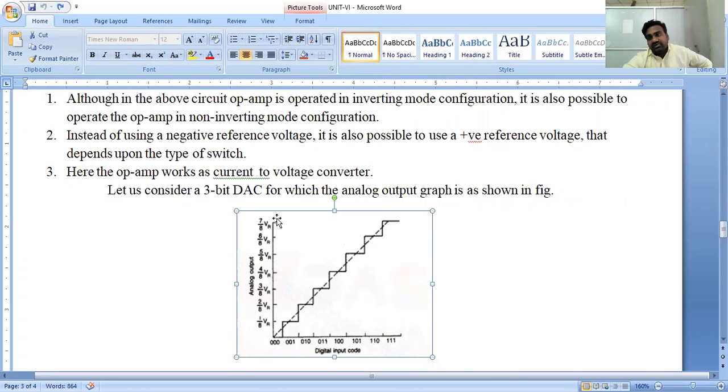That's why we use the reference voltage. If we use a 3-bit MSB and analyze the entire circuit, that is a 3-bit digital to analog conversion. That's how the DAC output voltage is analyzed.